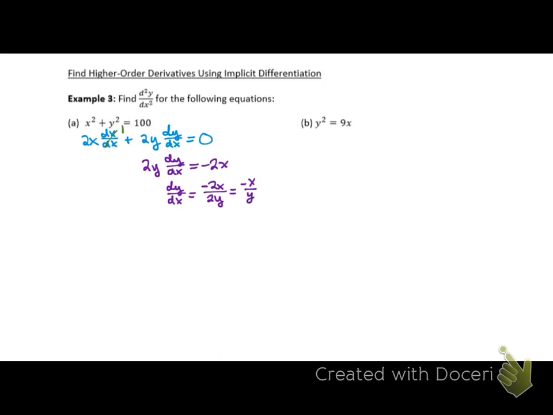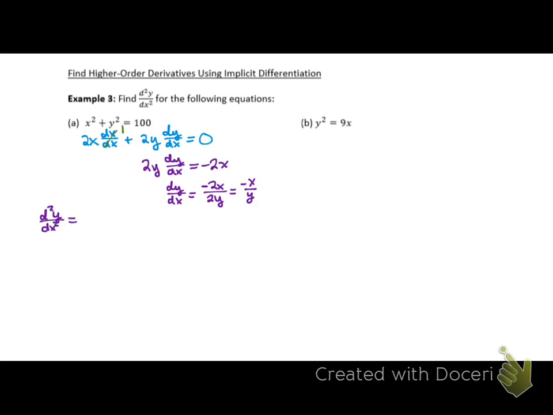Now we need to find d squared y over dx squared, which means we need to find the second derivative, which means we're taking the derivative of that. Now, x and y are both functions, so we are going to have to use the quotient rule, because they're divided, and we're going to have to make sure to include the derivatives of each function. So, d squared y over dx squared.